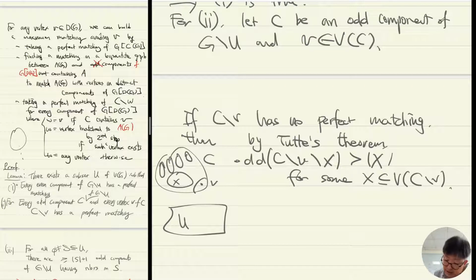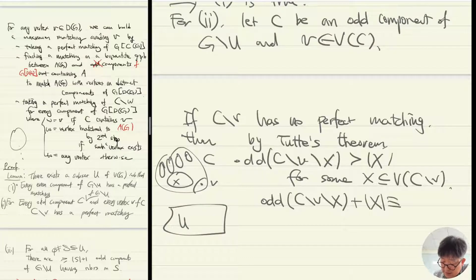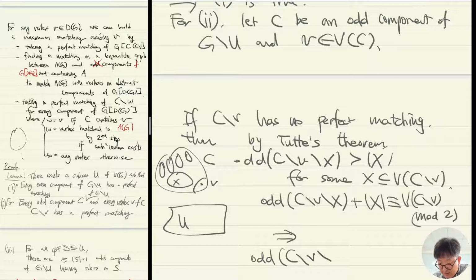So remember, because of the parity, the number of odd components in C delete V delete X has equal parity with the number of vertices in C minus V modulo 2, plus X. So that means the number of odd components in C delete V minus X is at least X plus 2, right?